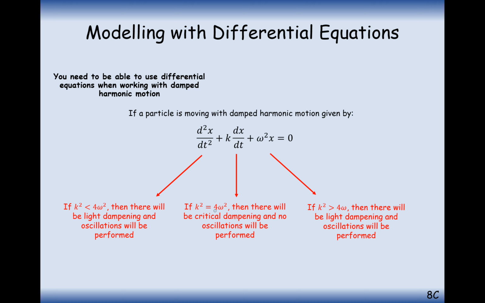If k squared equals 4 omega squared, that means critical damping, where it slowly goes down towards the x-axis. And if k squared is greater than 4 omega squared, then it would be heavy damping, and oscillations will not be performed.